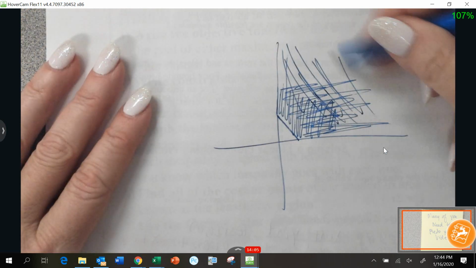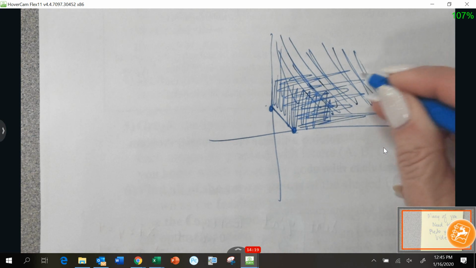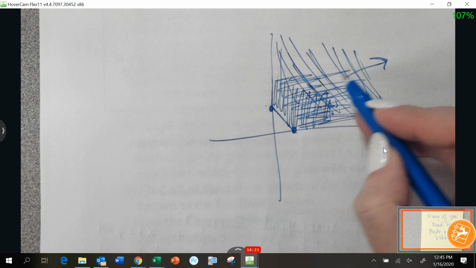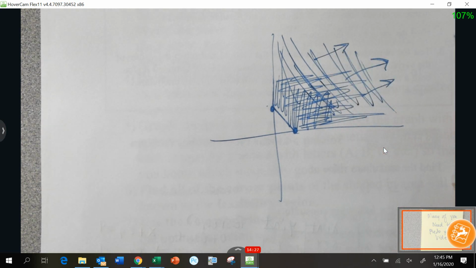If that's the final shaded region and you find these vertices, when you plug these in, neither of these will give you a max value because the entire shaded region goes on forever and ever. Can I ever plug in the biggest number? No. So this would have no maximum value.